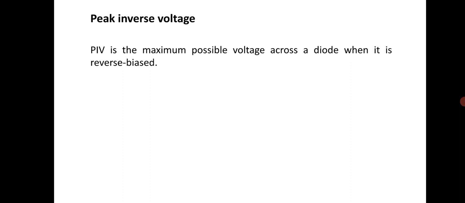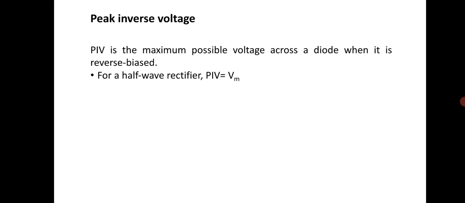So whatever voltage is obtained across the diode during the reverse biasing is what we call the peak inverse voltage. For the half wave rectifier, because we have only one diode, the peak inverse voltage is Vm.